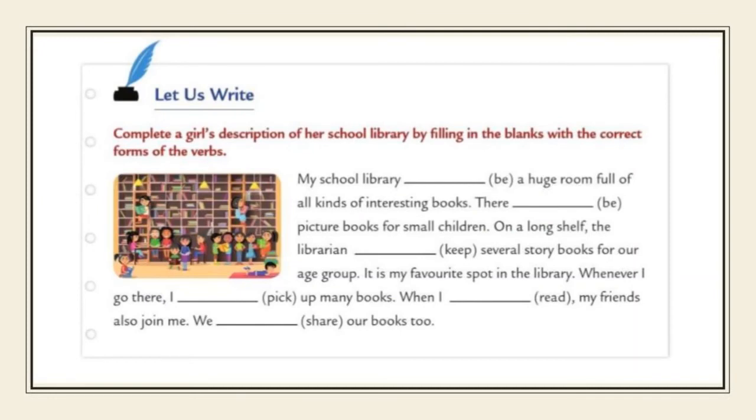Look here, complete a girl's description of a school library by filling the blanks with the correct form of the words. Actually a paragraph is given, and verbs also given inside the bracket. With the help of these verbs you should write the correct answer. Okay, just do it neatly and correctly.